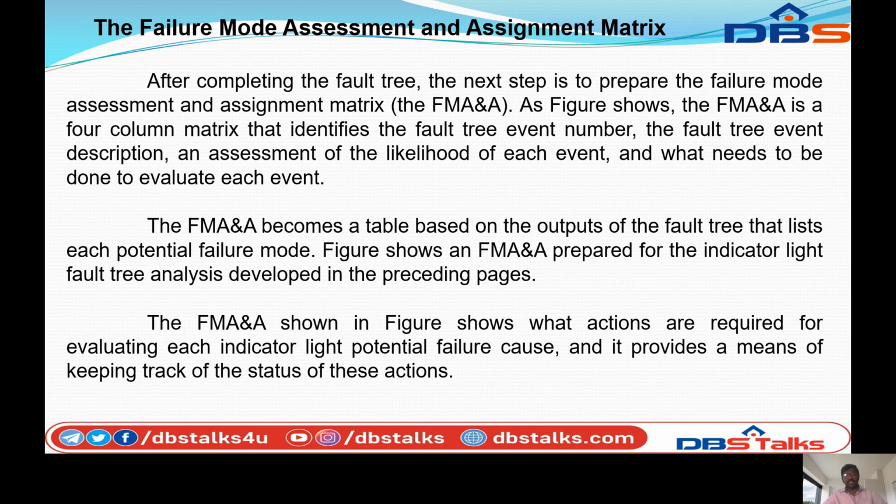The figure shows the FMA and A is a 4-column matrix that identifies the fault tree event number, the fault tree event description, and an assessment of the likelihood of each event and what needs to be done to resolve each event.